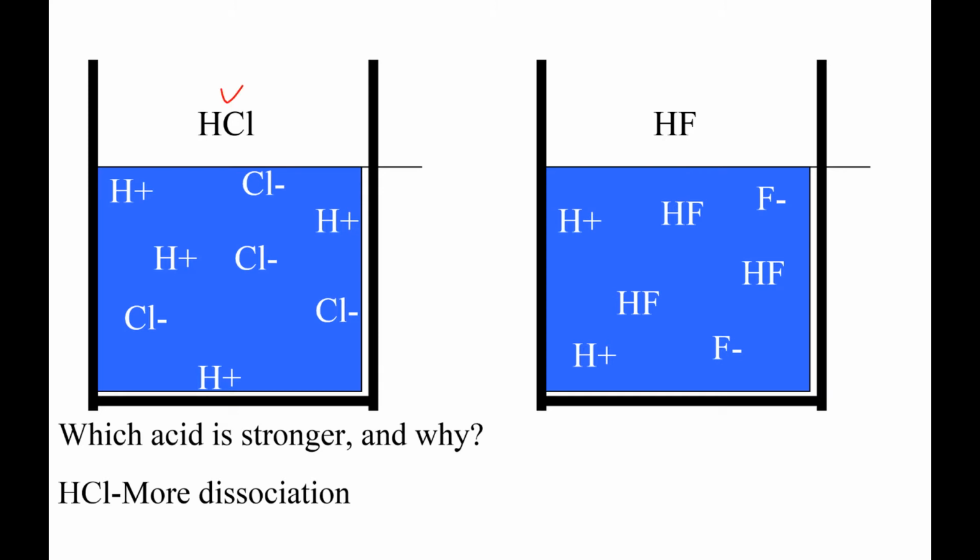HCl. And the reason is simply because there are more hydrogen ions in solution. Okay, it dissociates more readily. So the stronger the acid, the more likely it is to increase the concentration of H+ ions in solution.